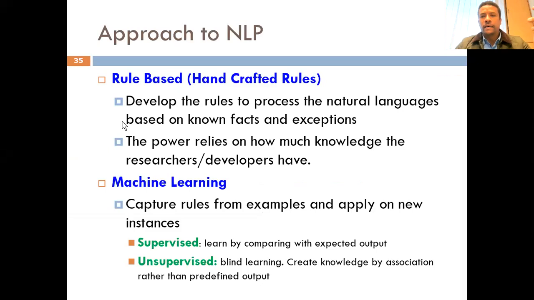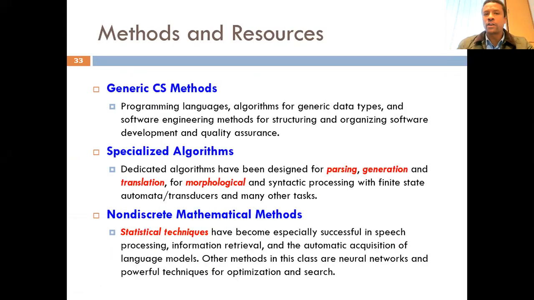Now, yesterday, if you recall, we talked about the different kinds of methods and resources that we use for natural language processing applications. So we mentioned generic computer science methods like data structures, storage mechanisms, programming languages. We are going to use the concept of software engineering in all this process.